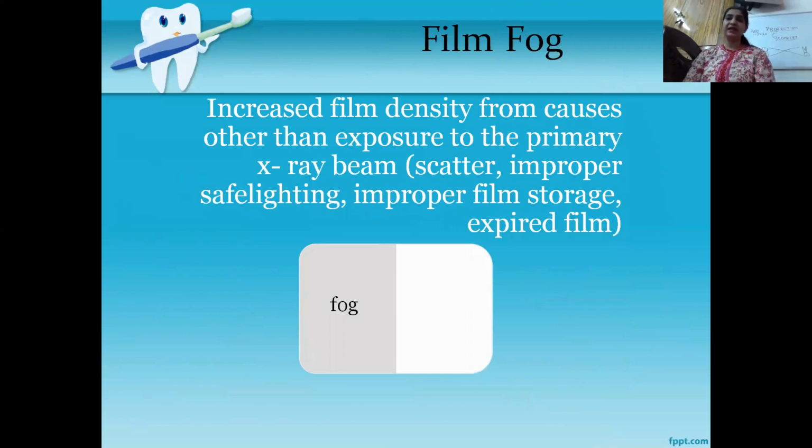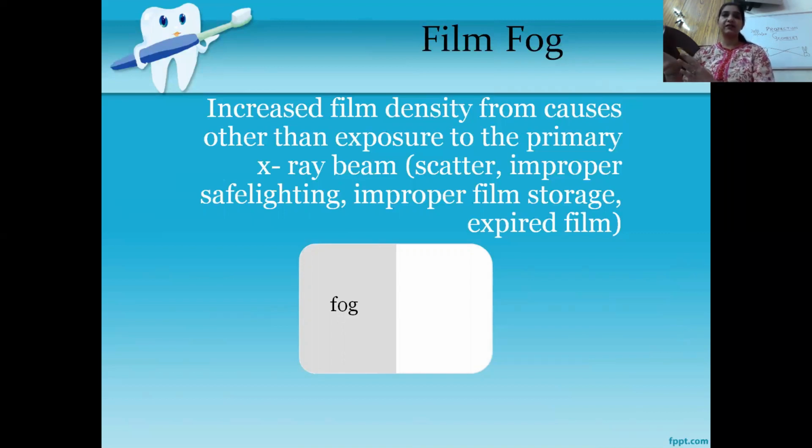Film fog is increased film density from causes other than exposure to the primary X-ray beam. Causes include scattered radiation, improper position of the X-ray source to the area of interest with improper alignment of the X-ray beam, improper safe lighting, and improper film storage, for example if the films are kept where there is moisture.